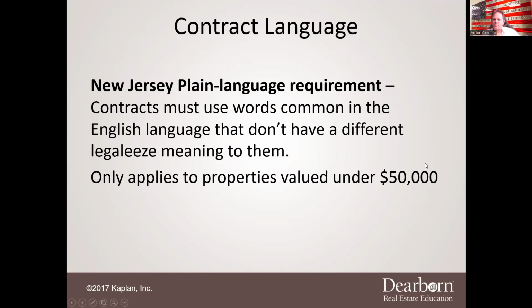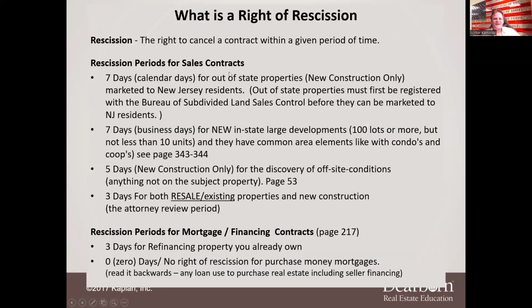But they reduced it to a little blurb because it practically applies to no properties. Because it only applies to properties valued under $50,000, according to the law. And good luck finding a property under 50 grand in New Jersey these days. They're out there, but probably not an area you want to live in. All right, and remember, what is a right of rescission?